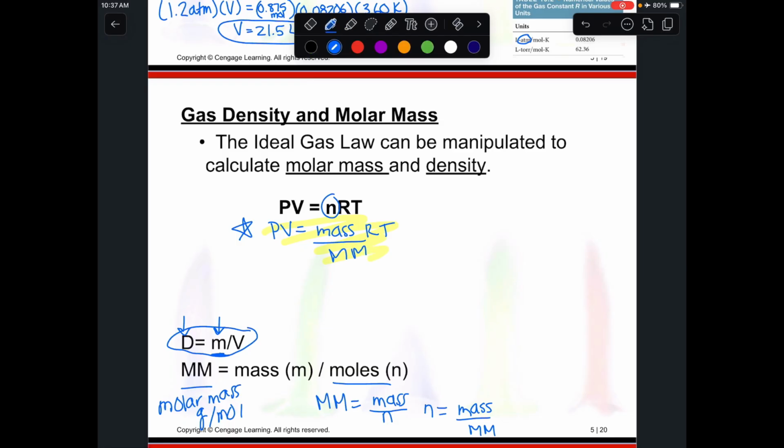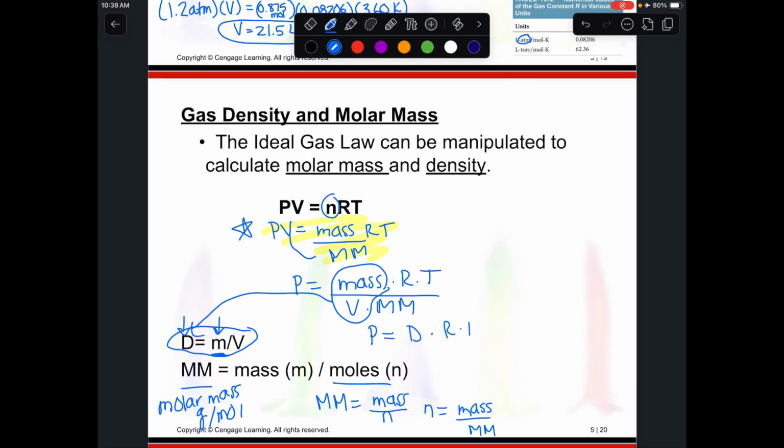So this is one of them, but I'm going to keep going. I'm going to get this V. I'm going to divide both sides by V, so that equals P equals mass times R times T divided by V times molar mass. All I did was move this V down to the bottom by dividing both sides by it. And then I can replace this whole bit with the D. So that equals pressure equals density times RT over molar mass.